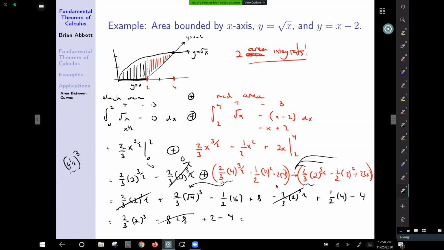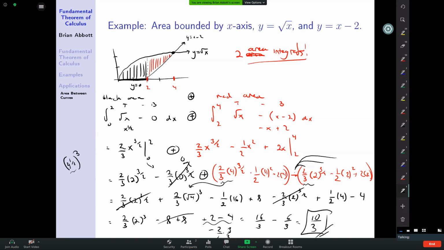So we have 2 times 8 is 16 over 3. 16 over 3 minus, this combines to negative 2, so negative 2 to the 3rd is going to be 6 over 3. Negative 2 over 1 times 3 over 3 gives us negative 6 over 3, which gives us the correct answer of 10/3.